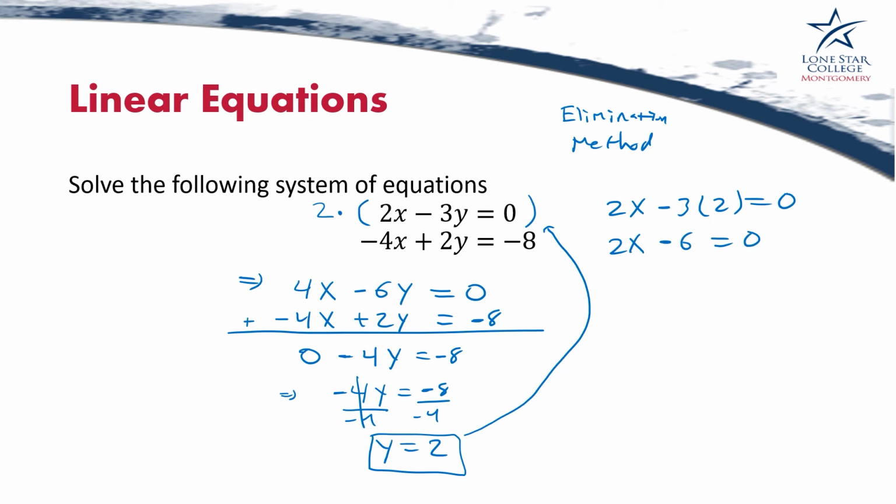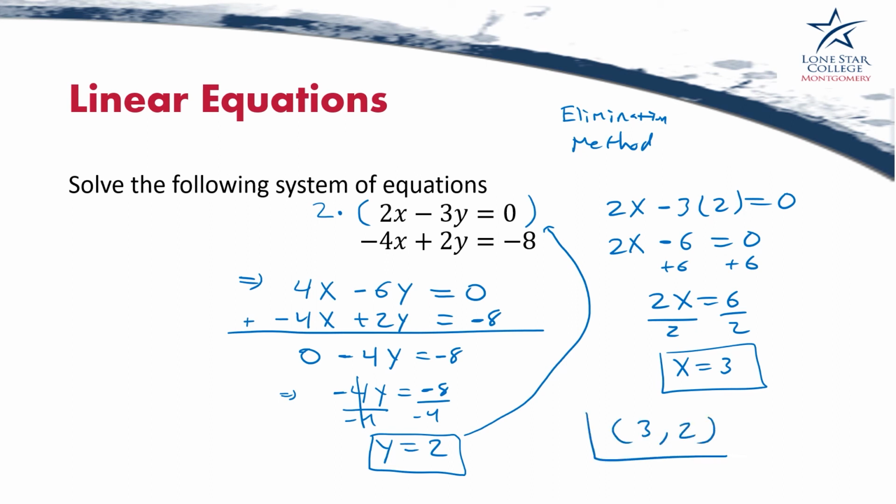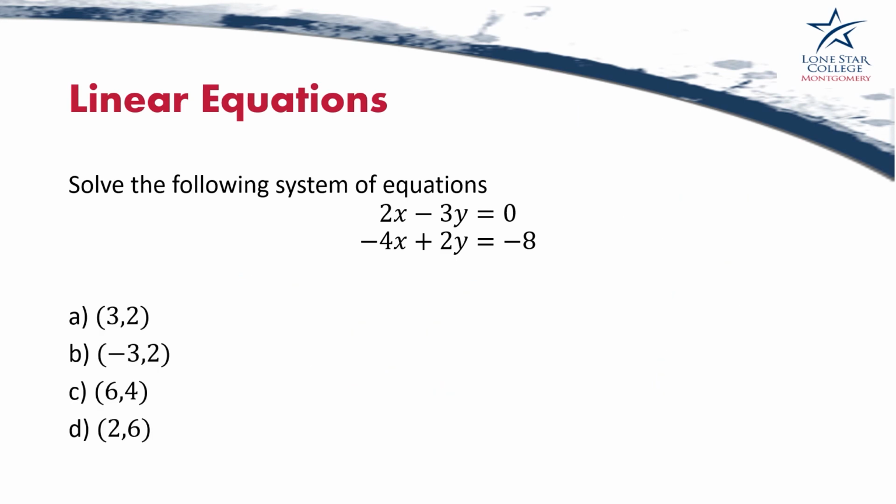Get x by itself, add 6 to both sides. 2x equals 6. And divide by 2 to get x by itself. So x is just 3. So the solution to the system of equations is the coordinate point 3, 2. Okay, so the answer is A.